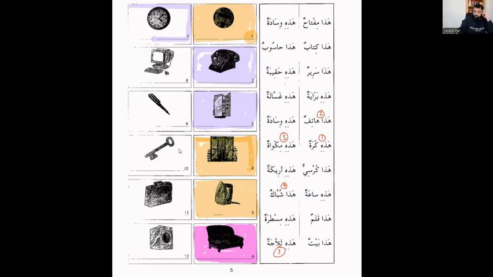It's the one above number 4. Yeah, good. So that's number 6. If you could read it out for me, هذه أريكة. Yeah, good. The first time you said hada. Okay, good. So that's number 6. Let's go to one at the top with the clock. Okay, the word for a clock is sa'atun.